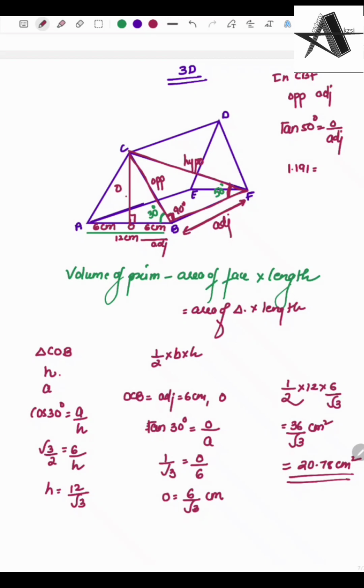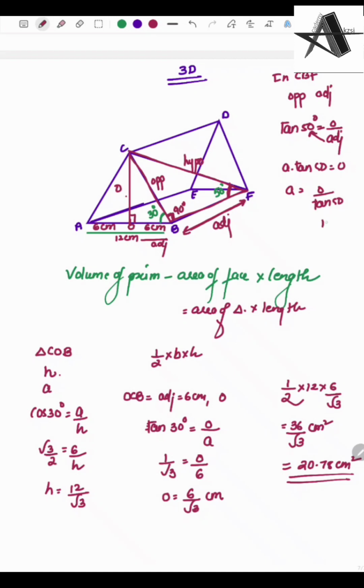Here, opposite is what we just calculated, that is 12 over root 3, over adjacent. We can do the cross multiplication and make the adjacent the subject. So adjacent times tan 50 is equal to opposite, and adjacent is equal to opposite over tan 50.